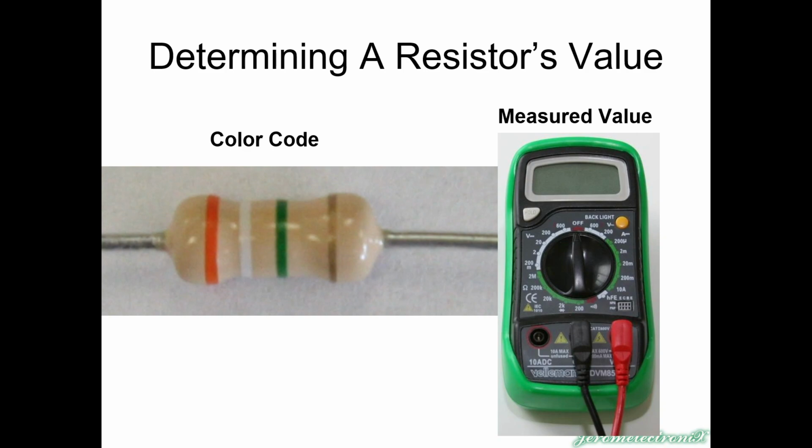Now, I said 4 different ways. I'm going to talk about another way a little bit later, and that will be Kirchhoff's laws. Kirchhoff's laws are another way for us to figure out resistances. And so that's the 4 different ways: a multimeter, color bands, Kirchhoff's laws, and Ohm's law.